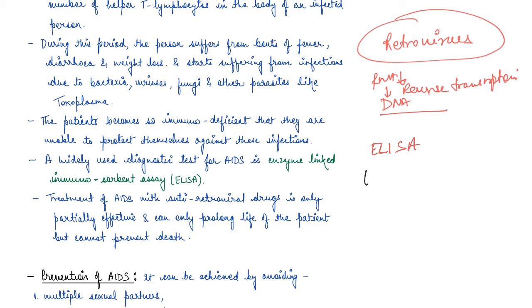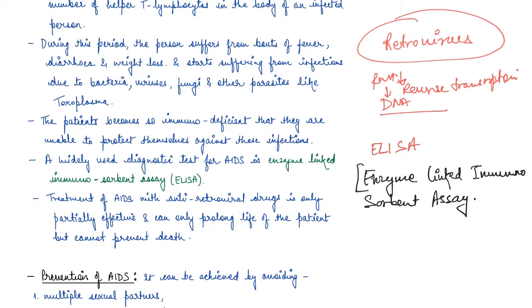ELISA means enzyme-linked immunosorbent assay. This is a diagnostic test which is done on any person who is highly likely to have AIDS because of his or her symptoms.